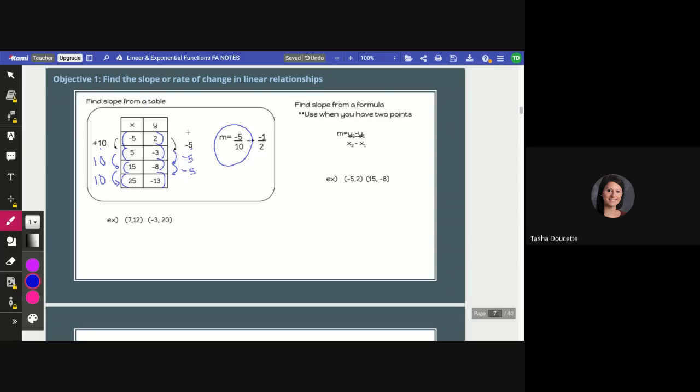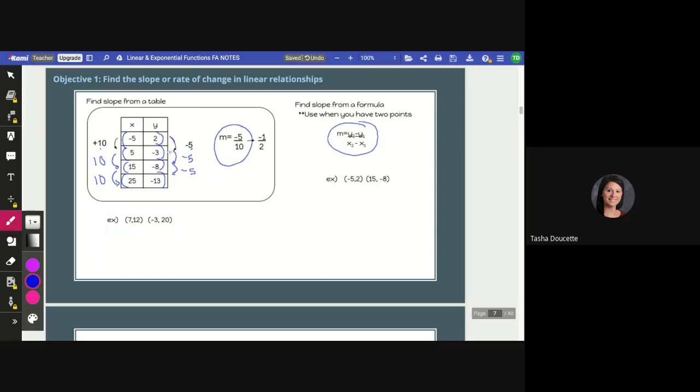Okay, so that's looking at it from a table point of view when you have all of these points already for you. So when you're finding the difference from 2 to -3, you're really doing what we did over here and what we did before break. You're subtracting the second y from the first y, or the first from the second, and you're getting -5.